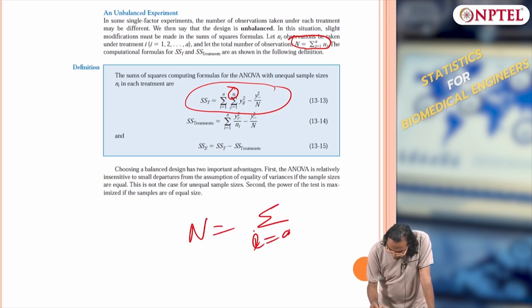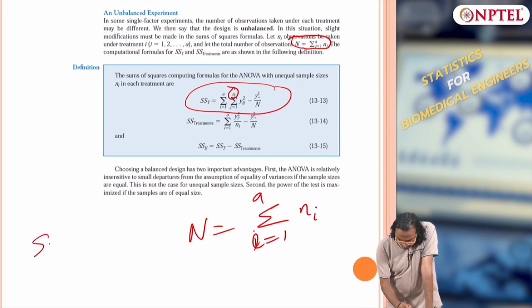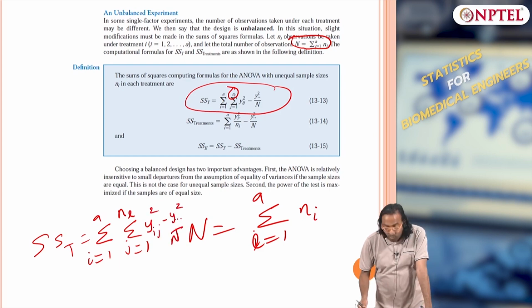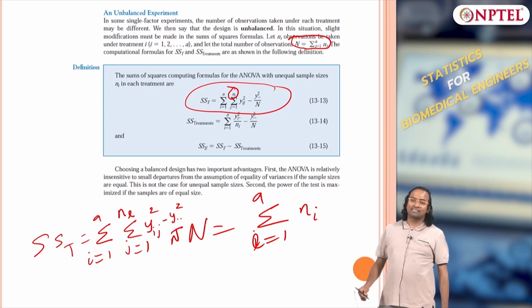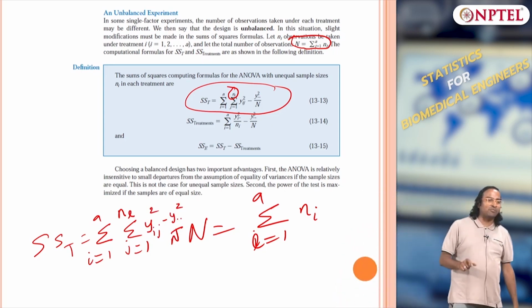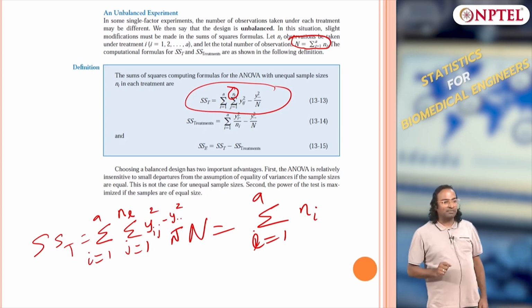That is what I am writing out. Now l is another index which determines the number of data points, the number of samples, for each treatment.